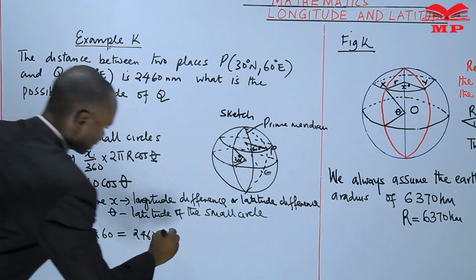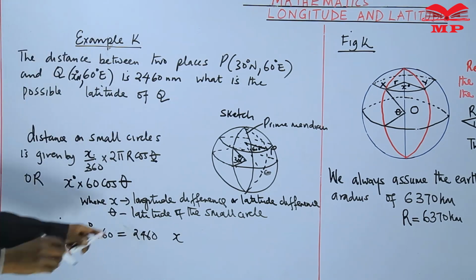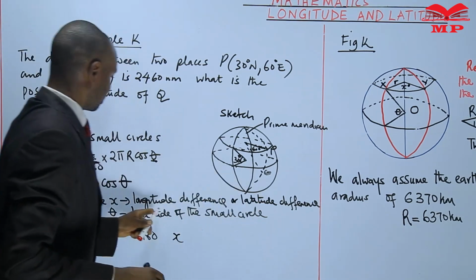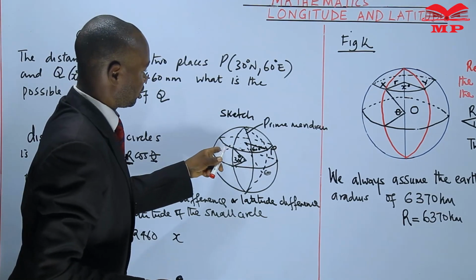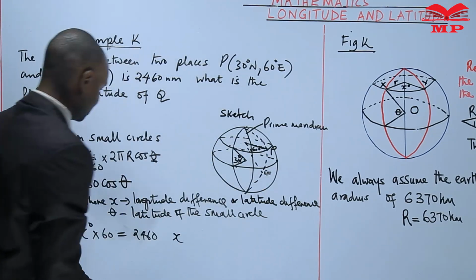Here it can either be a latitude or a longitude difference depending on whether we are talking of a small circle or a big circle.